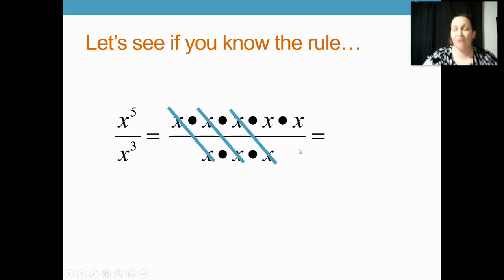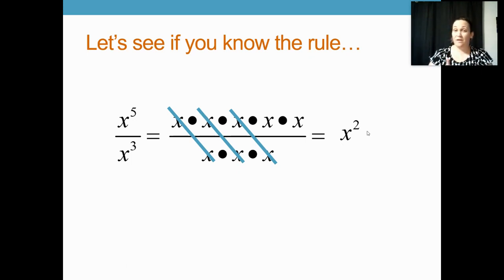And now I've run out of x's on the bottom. There are no more x's for me to cancel. So I am done canceling. Now I'm going to count how many x's I have left over. And so on the top of the fraction bar, I have 2 x's left over, or x squared.